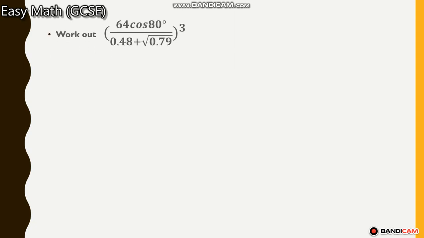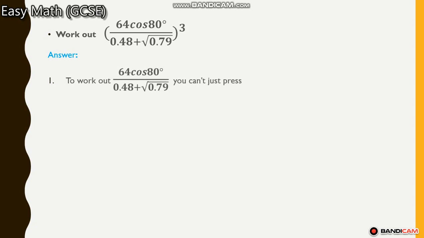Right, let's work out another example. If you have 64 cosine 80 degrees all over 0.48 plus the square root of 0.79, all over 3. Now we have steps to solve this question and work it out using a calculator, maybe a standard calculator or a scientific calculator.